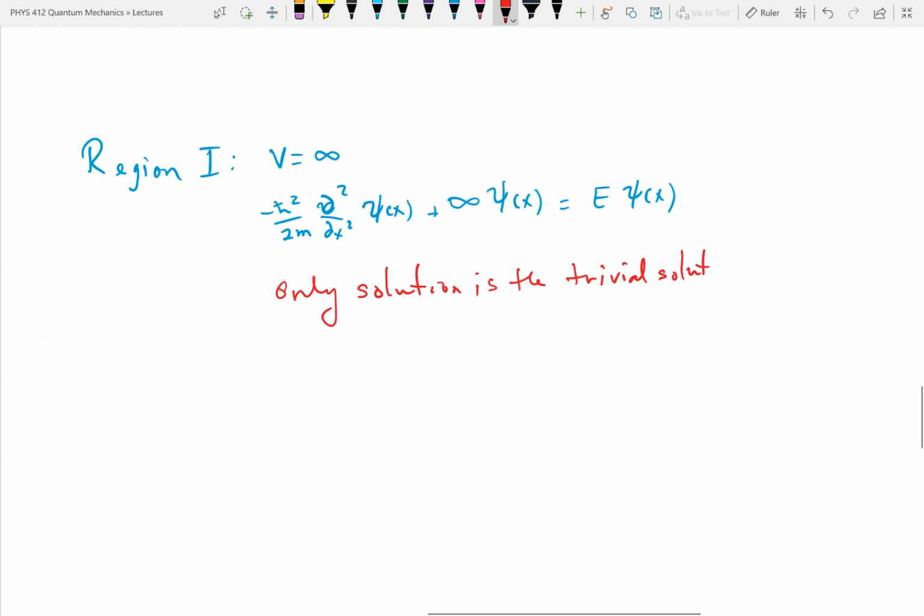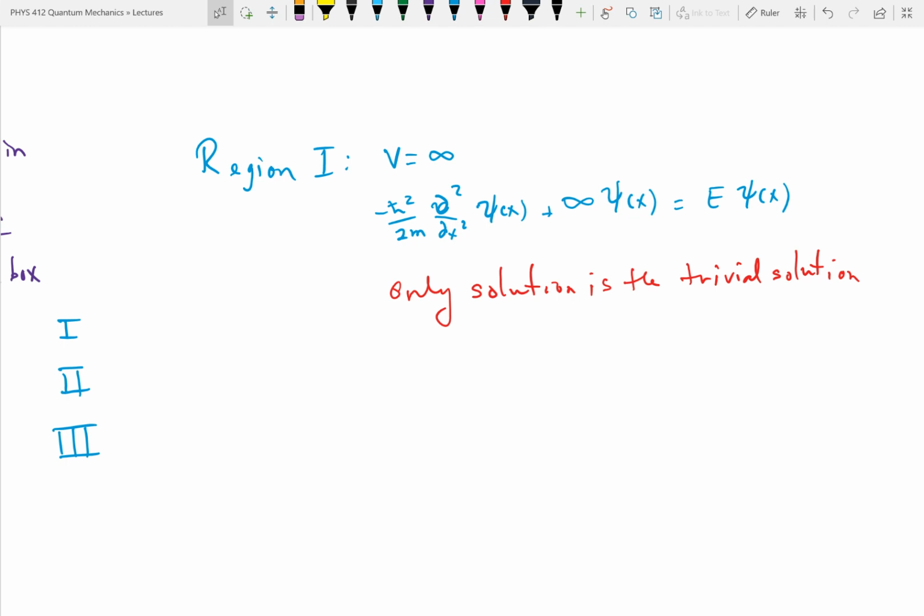When I was taking differential equations, of course, every problem said you can't use the trivial solution. The trivial solution is psi of x equals 0. But in this case, that's the only one that works. So we're done. We don't have to find another one because there is no other one that works.